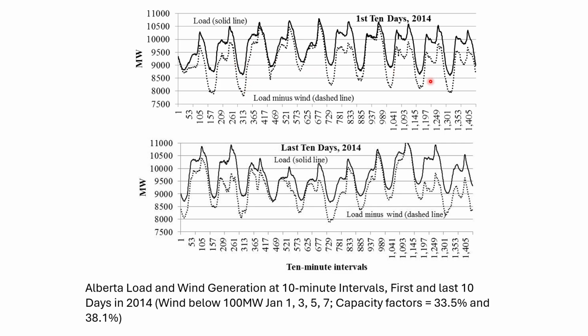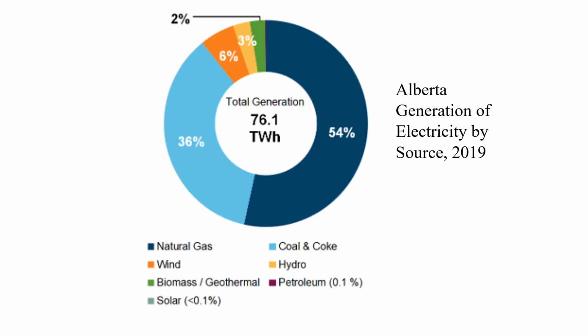Notice one important thing from both of these diagrams, and that is that the dashed line is much more variable, much more up and down than the other line, which implies that wind is going to cause problems in terms of operating the particular system, the particular grid. And that's the problem with wind. Wind may be cheap, but it becomes expensive because it affects the other elements of the grid.